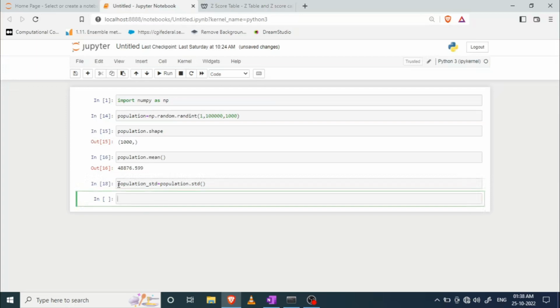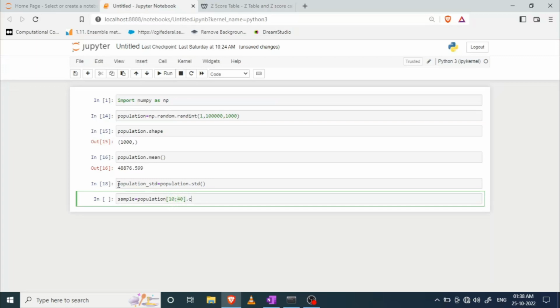Okay, so now I'm going to create a sample from the population. I'm going to get some random numbers, 10 to 40, right?